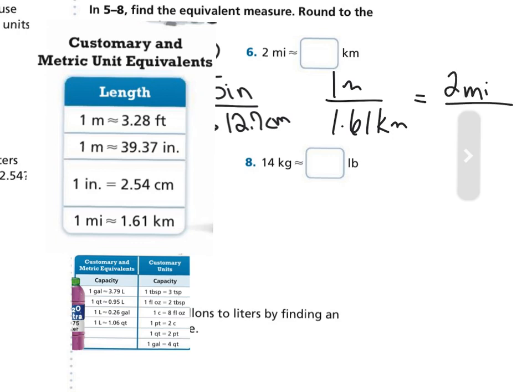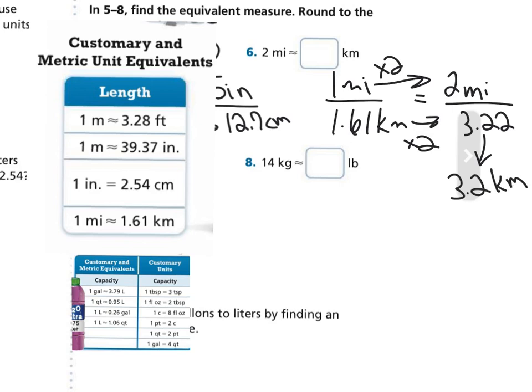So 2 miles would be twice that amount. So twice that amount, which would be 3.22. And then we're just going to round it to the nearest tenth. So we'll say that's about 3.2 kilometers.